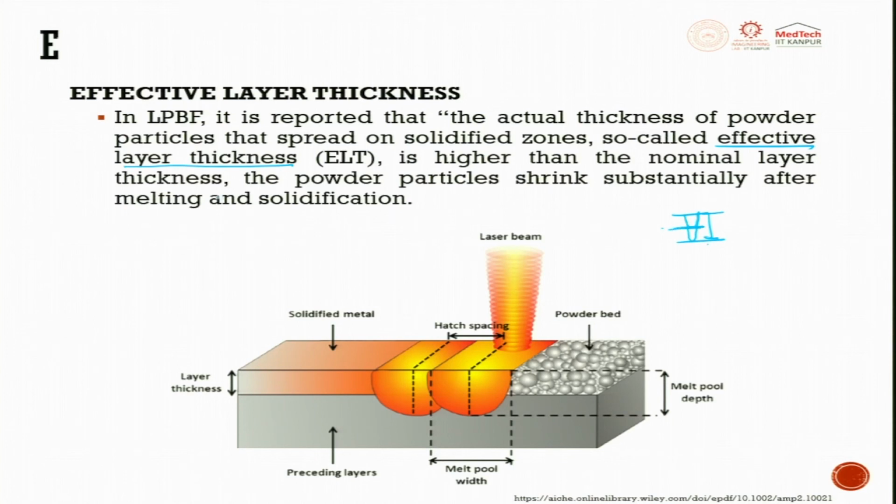The powder particles shrink substantially after melting and solidification, so that is why we always have a layer thickness. This is the effective layer thickness. This is the melt pool depth. But this is the layer which you have spread.